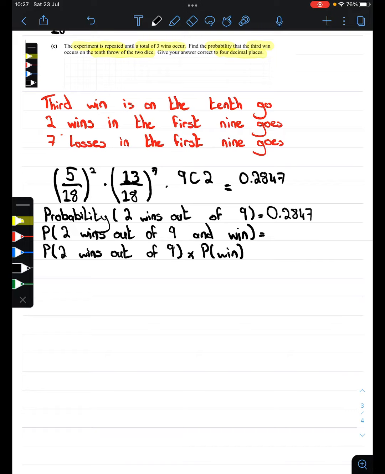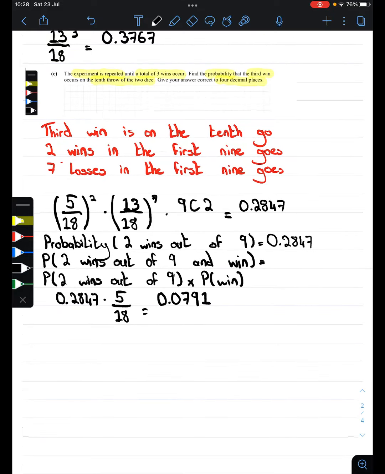We have the first one, 0.2847, and we already calculated the probability of a win, so that's by 5 over 18. This is 0.07908, which is just 0.0791 because we're rounding to 4 decimal places. And so it's just as simple as that. This is a little bit trickier, but you've just got to think, how would this happen? And what's the probability of that happening?